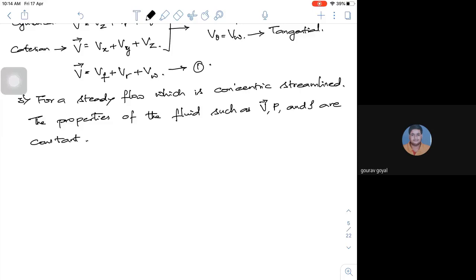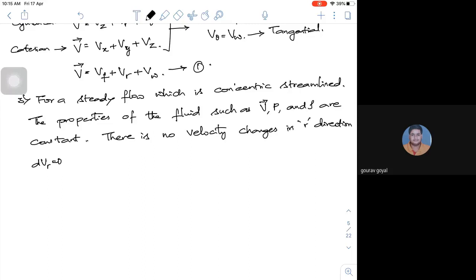And there is no velocity change in the r direction. What is the meaning of it? That means dVr is equal to 0.